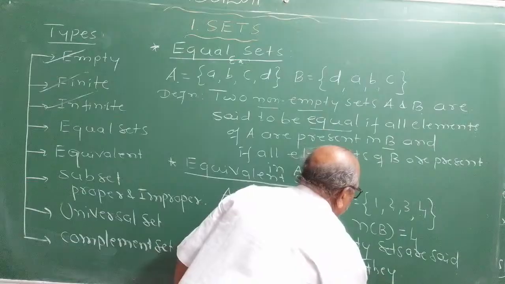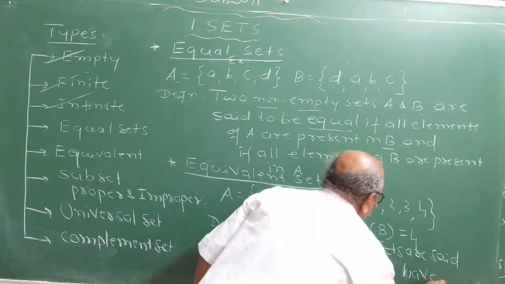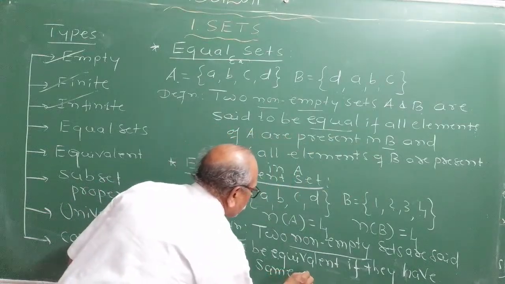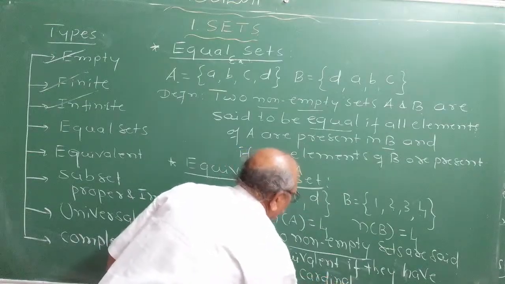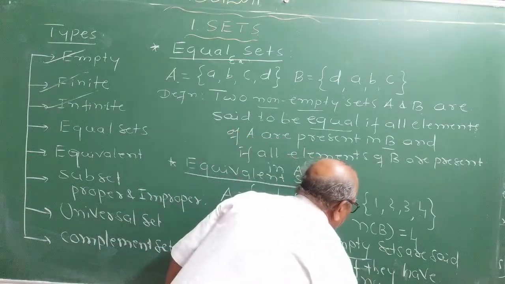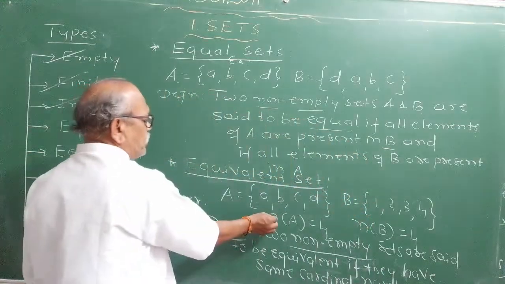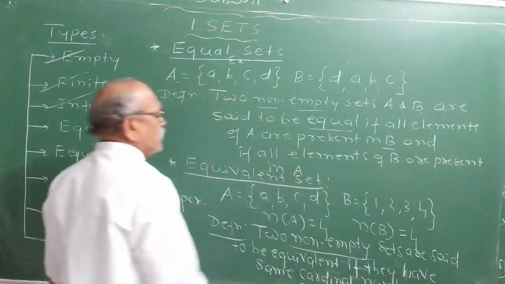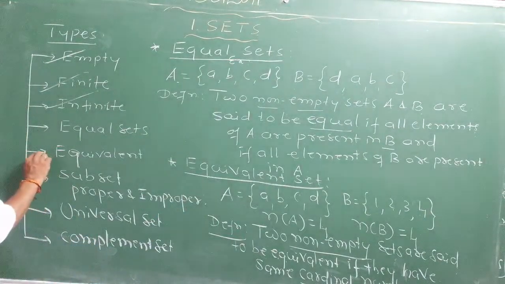Equal is different. What is cardinal number? We discussed in the previous class. The number of elements in A is called the cardinal number. If they have the same cardinal number, n of A is 4 and n of B is also 4, such sets are called equivalent sets.